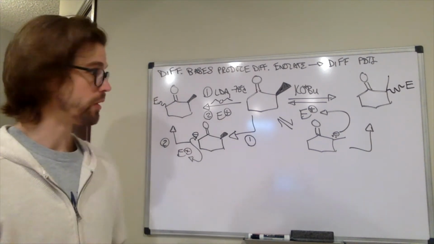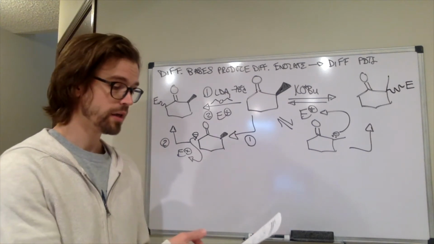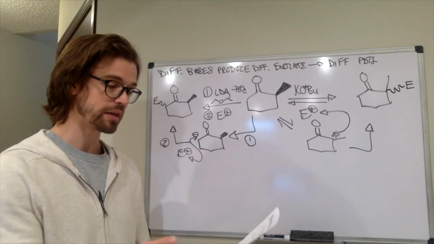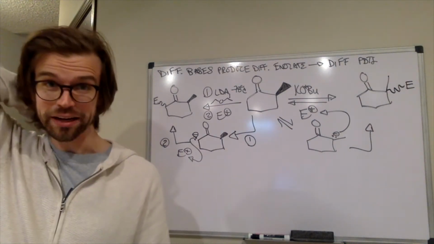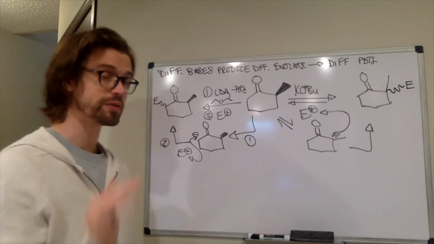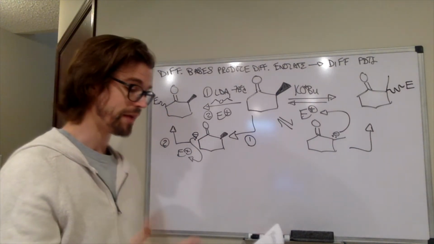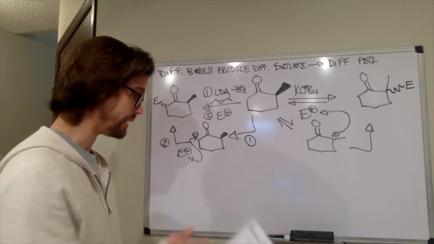So what did we just see here? Well, the blanks that come under this in the course packet: LDA produces the kinetic enolate because deprotonation is faster. Fast means kinetic, right? The fastest thing happens because it's the lowest energy of activation, the fastest rate. LDA produces the kinetic enolate.